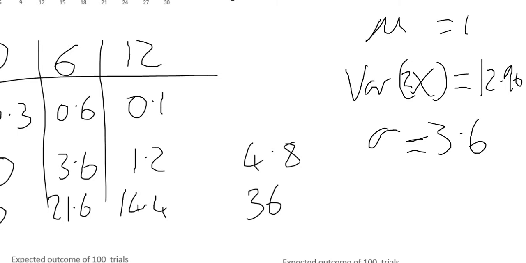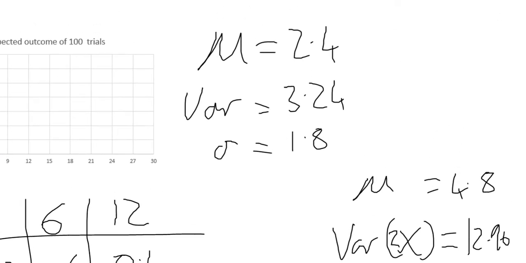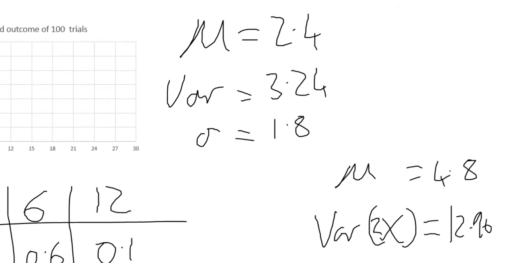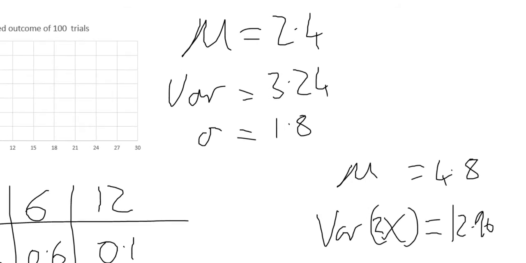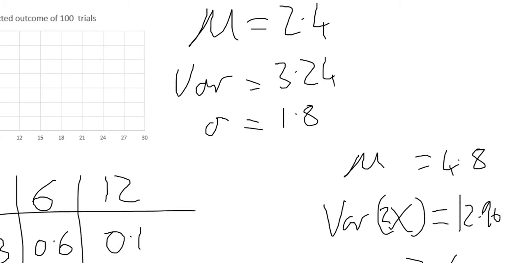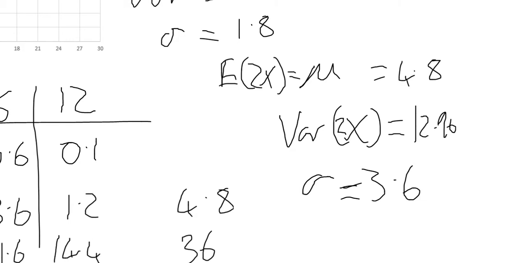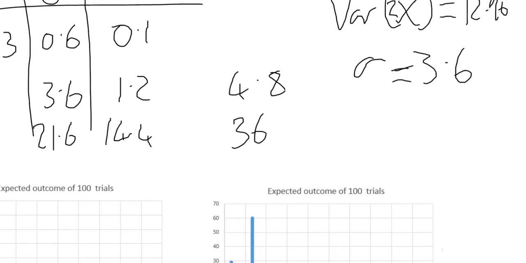And mu equals 4.8. Now if we compare that up above here, the mu is now double what it was. E of x was 2.4, E of 2x, or mu, is double that. The variance is 4 times, so it's 2 squared times that, and the standard deviation is double.